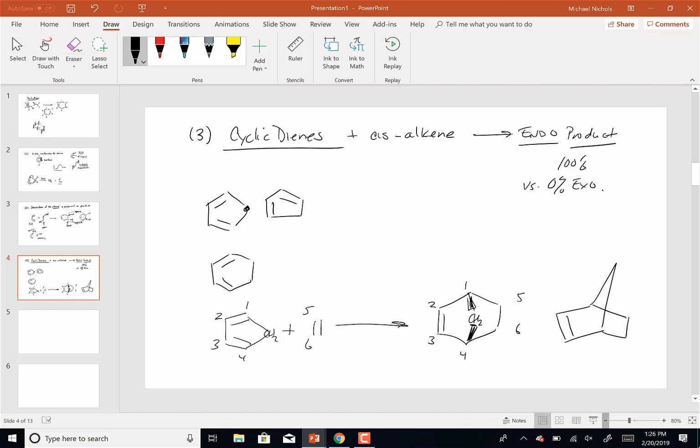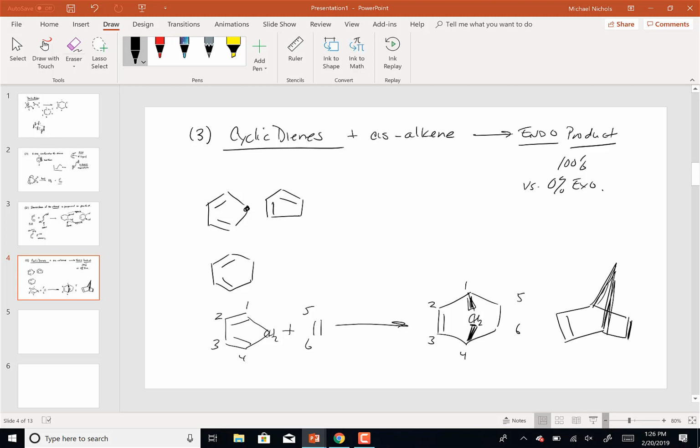It would be bicyclo[2.2.1]heptene, and my double bond would have to be in... it's a 2-heptene, because the double bond is on carbon 2. We're not going to worry about the naming right at the moment, but that's a bicyclic system. So the original 5-membered ring sort of came from this part, and then that's where the two carbon piece went.